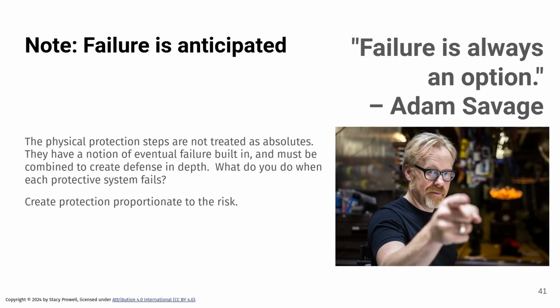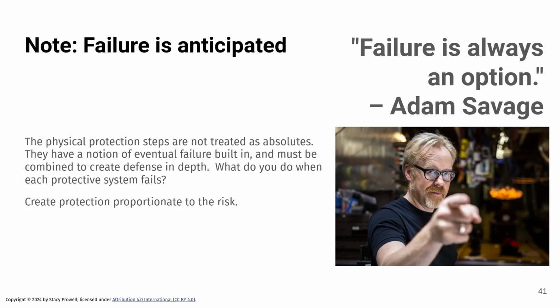So when each protective system fails, you have something to fall back on, right? You didn't detect them initially, but something is slowing them down, and that gives you more time to detect them using other methods. So delay, for example, in this case is helping compensate for the loss of detection.